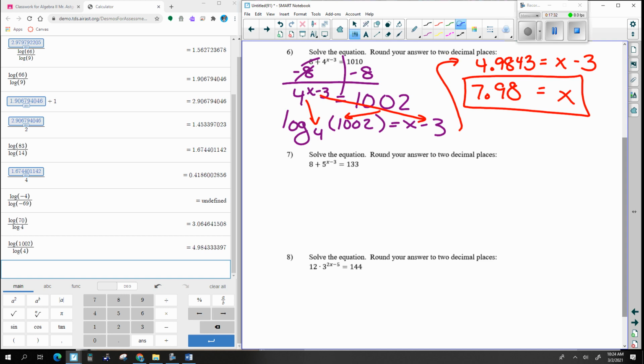All right, so here I get rid of that 8, so minus 8.